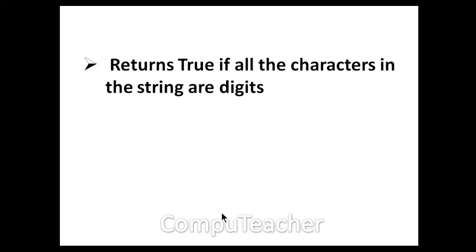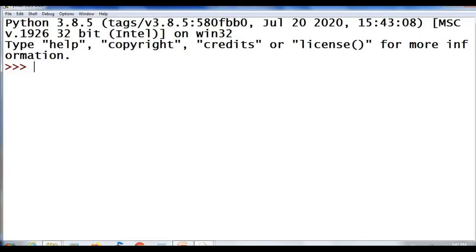Next one, a function which returns true if all the characters in the string are digits, or a function to check whether the string contains only digits. The function is isdigit. Example, n equal to "KRA231". n.isdigit().